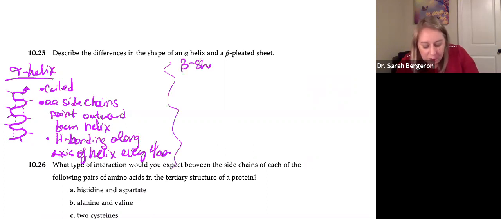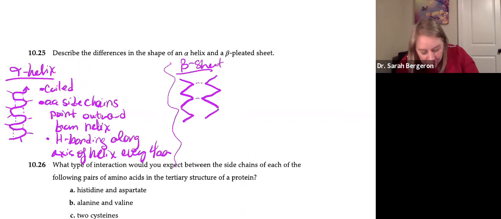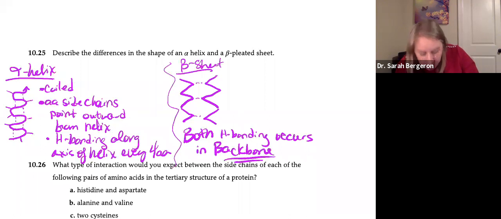Okay, so then a beta sheet. In a beta sheet, remember our beta sheet kind of looked like this, and then you had it where the points would come in, and then it was hydrogen bonding between those points. So it's the same thing in that our hydrogen bonding occurs between the backbones, between the strands of the backbones. In both, the hydrogen bonding occurs in the backbone. But the beta sheet specifically is kind of a zigzag.